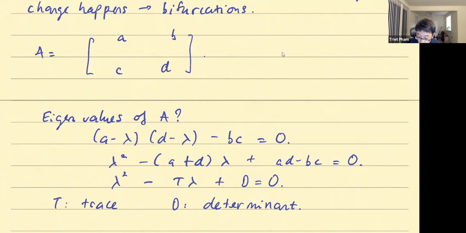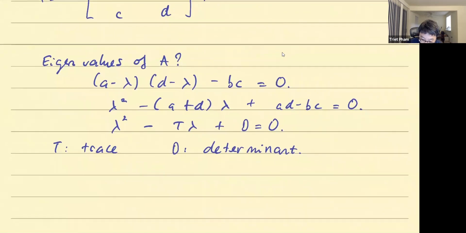So here, A plus D. That's why it's called a trace determinant study. And so in terms of T and D, we got lambda is T plus minus square root of T squared minus 4D, over 2.